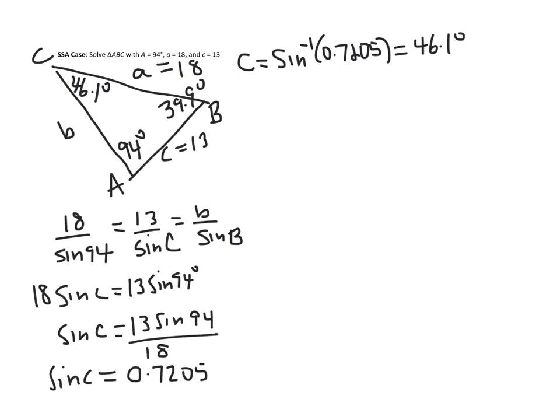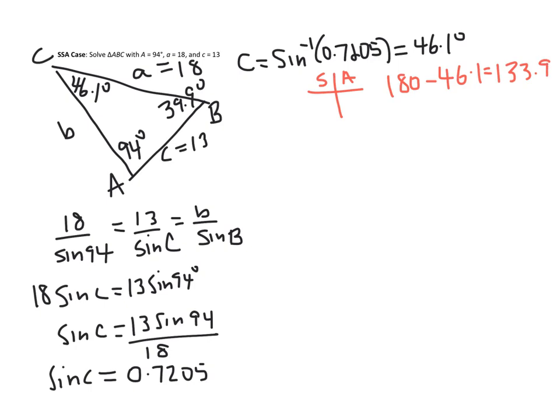So I got all the angles in that triangle, but I have to remember here, let me check whether another angle or triangle is possible. Because I know that sine is positive in quadrant 1 and 2, I need to check quadrant 2. To check quadrant 2, I'm going to do 180 minus 46.1, and when I subtract this, I get 133.9.